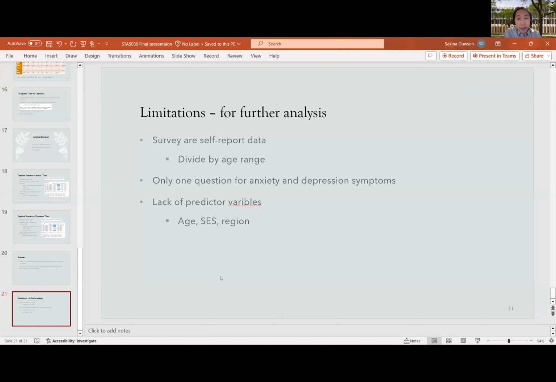Okay, thank you, Sakina. I think it's a good comparison of the chi-square test and the logistic regression. The response variable is an ordered categorical variable, so we cannot really use a linear regression model. And since this is categorical data, the chi-square test is a natural choice.